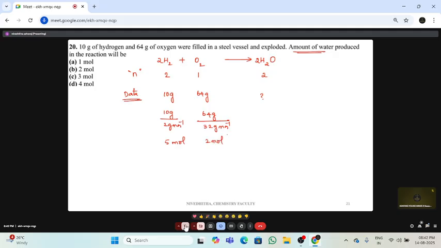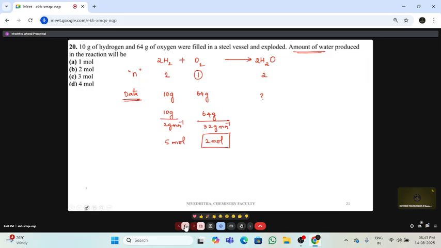So what is the inference? Quantity of the oxygen required is half the quantity of hydrogen. Here, hydrogen's quantity is 5 mole. So oxygen we need is 2.5, but here the quantity is just 2 mole. So here the limiting reagent is oxygen, right?